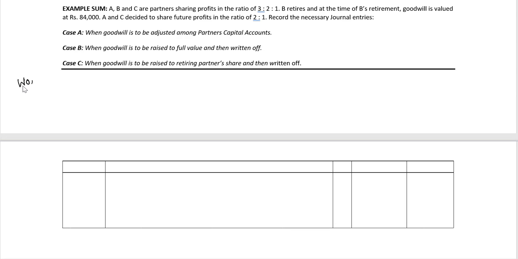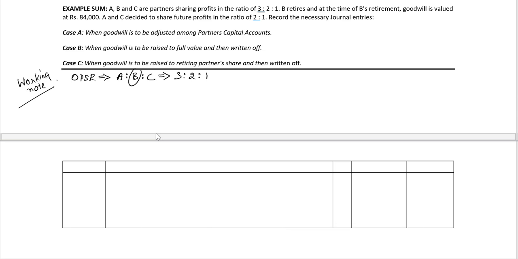We'll begin with the working note to find out the gain of each of the continuing partners. As per the problem, we have the OPSR, or the old profit sharing ratio, between A, B and C as 3:2:1.